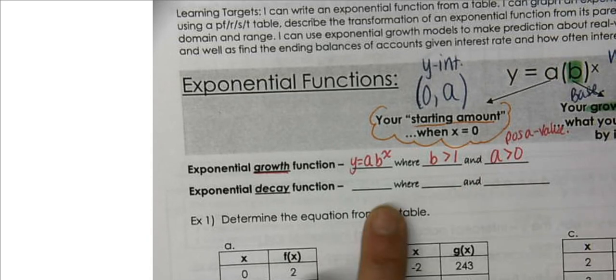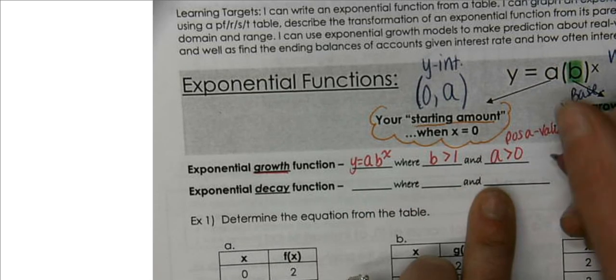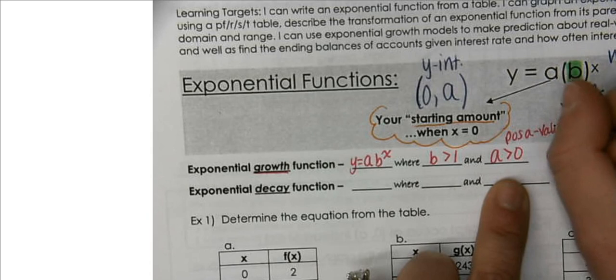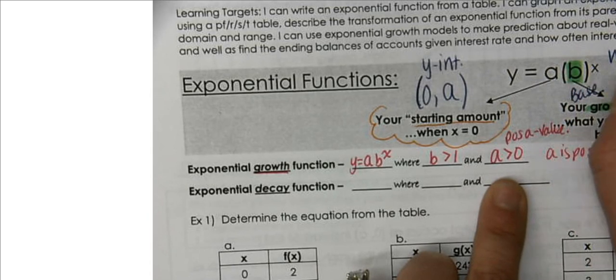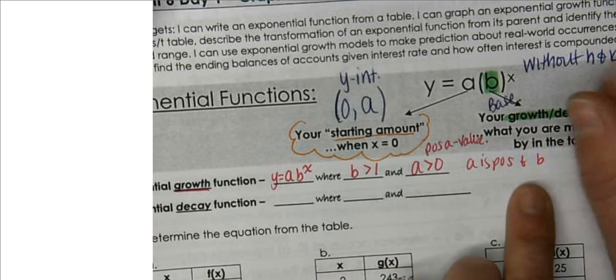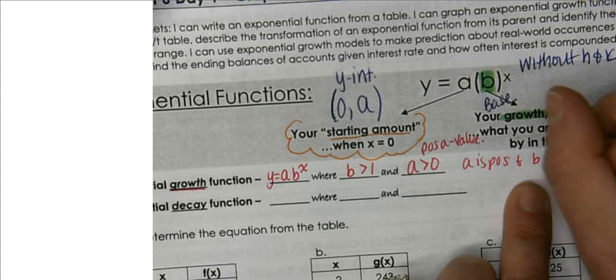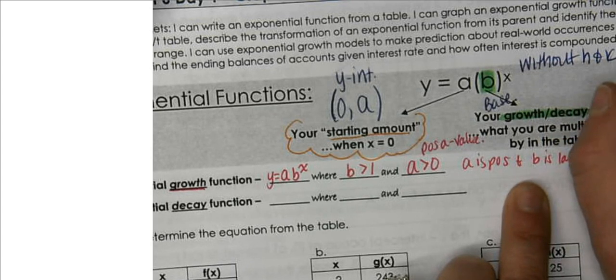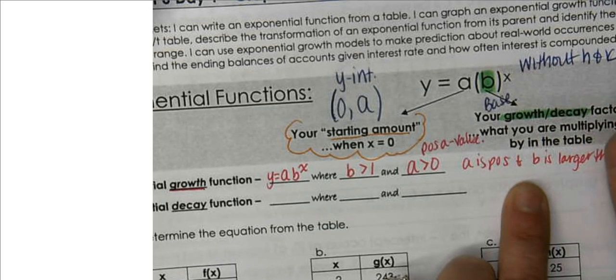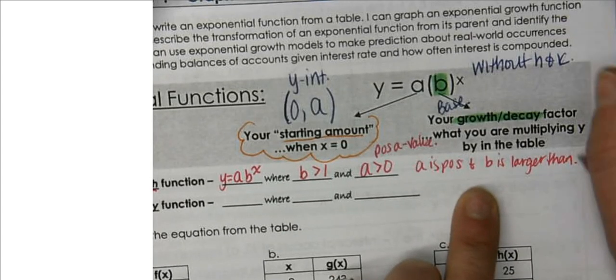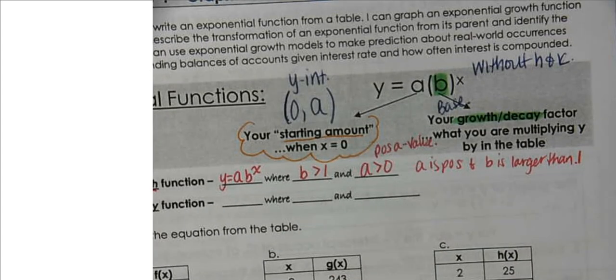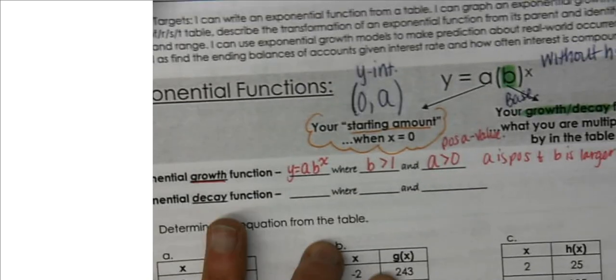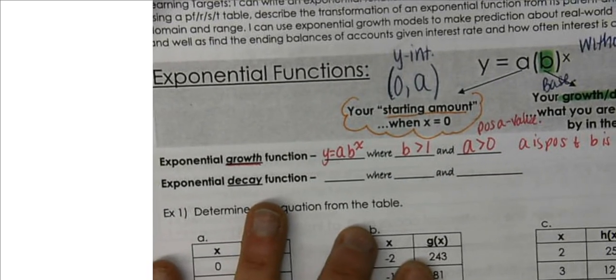What I want you to always note is that your A value is positive and your B value is also positive, but B is larger than 1. More generally, a base is not allowed to equal a negative number. So therefore, you'll see that your base is always going to be a positive value. So this is considered exponential growth.